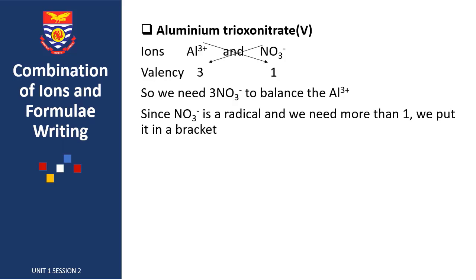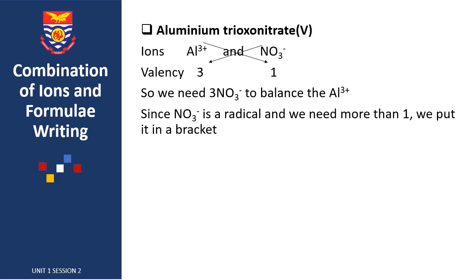Another example is aluminium trioxonitrate 5. In this case, we have a radical there, but still with the steps, we are going to write the compound into ions, the cation first and then the anion. So aluminium, Al3 plus, and then the nitrate ion. This is where you should have many examples of the radicals. You should have a lot of them.